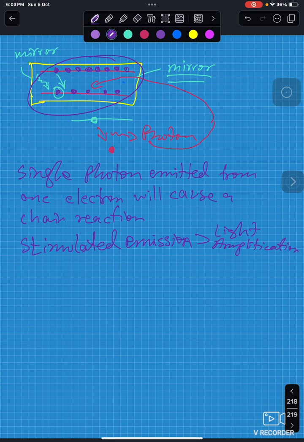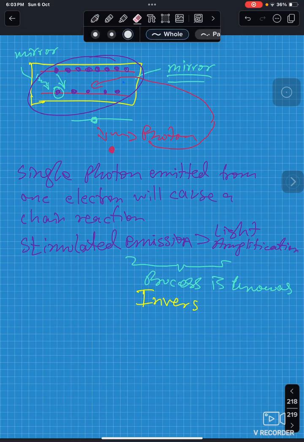This process is known as population inversion.